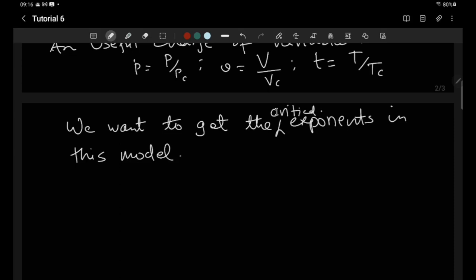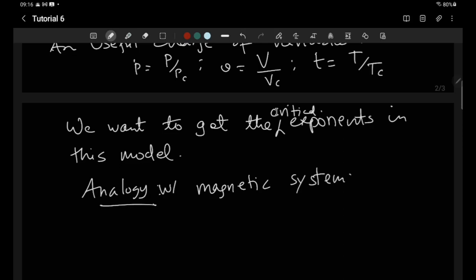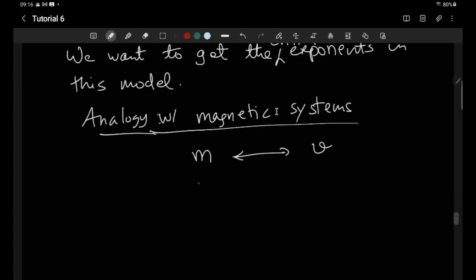The analogy should be with magnetic systems, and it is the following. The magnetization should go with V, the magnetic field will go with P, pressure, and temperature will go with temperature.